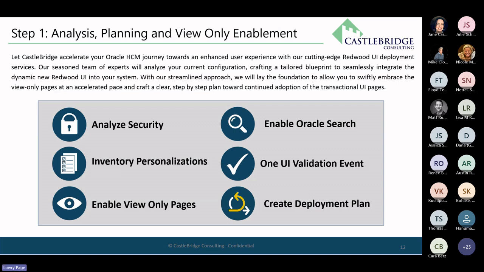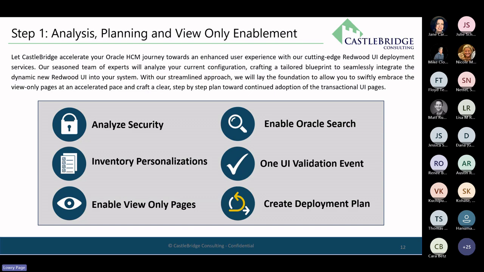Inventory personalizations. We're leveraging the tool that Oracle's provided. We're looking at all of your transaction design studio rules, all of your page composer, and we're starting to look at autocomplete, what clients have in that area. We're providing an inventory of the magnitude of changes for each client. We're also providing a list of things that can be programmatically migrated with the tool and other things that will need manual intervention.